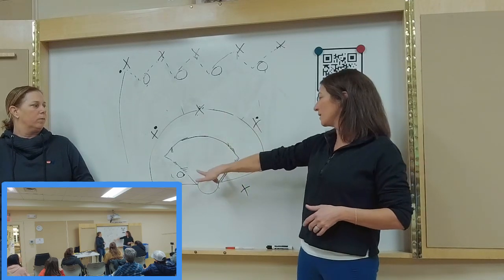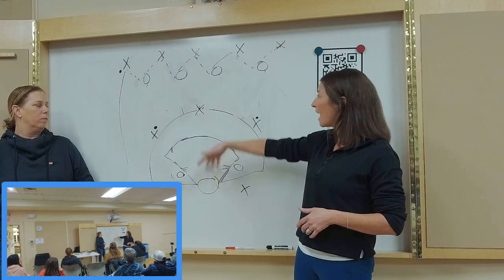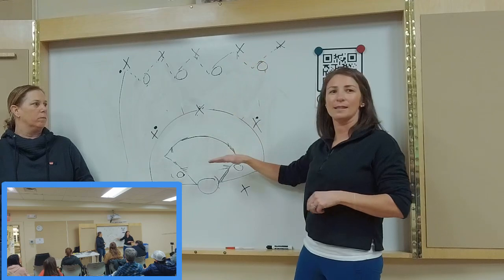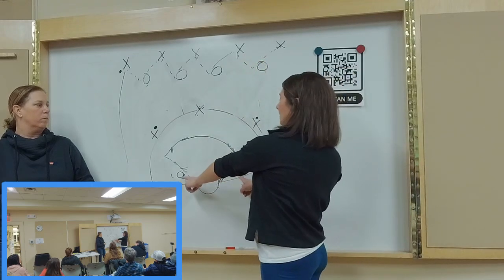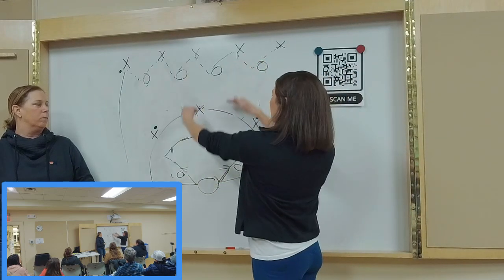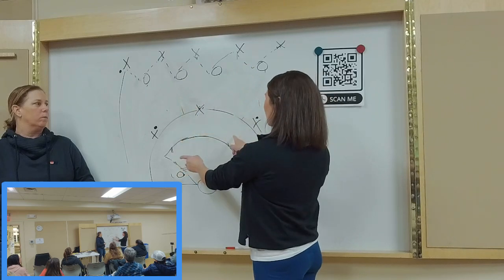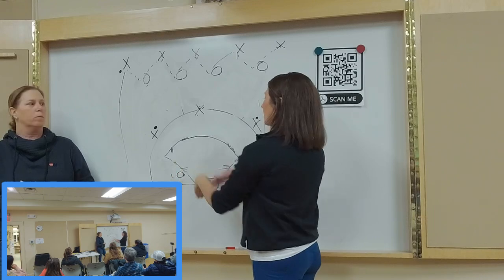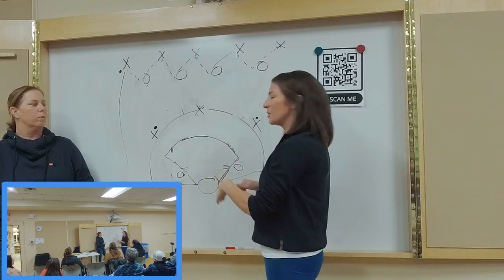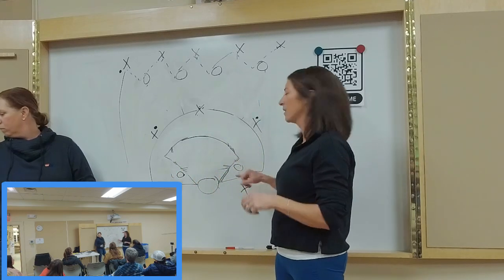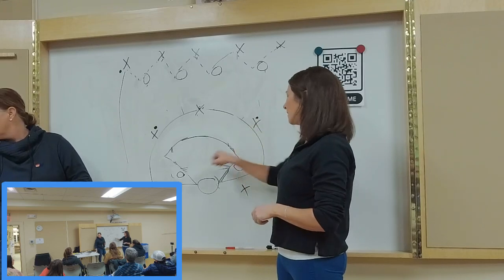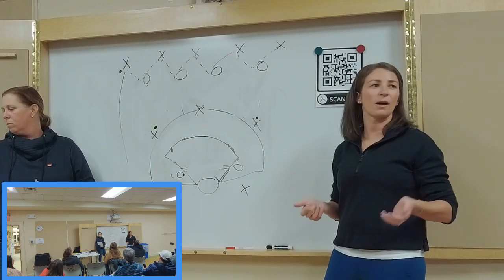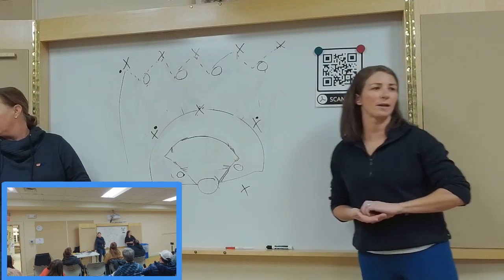By keeping these girls low and having those middies, like Kat talked about before, getting back as fast as they can, it allows the low defenders to stay low, and it has the middies drop in so that they can cover the top. Your low defenders are covering the low, and then you start to slide. But as soon as you have that low defender slide up, that's such an easy pass and such an easy goal. So this would be at the youth level trying to combat that problem, which I feel like a lot of teams do have.